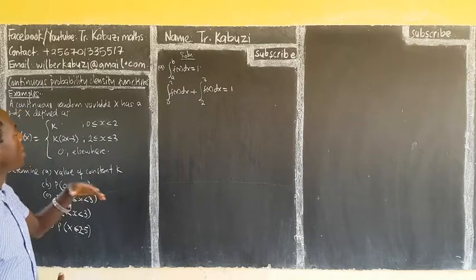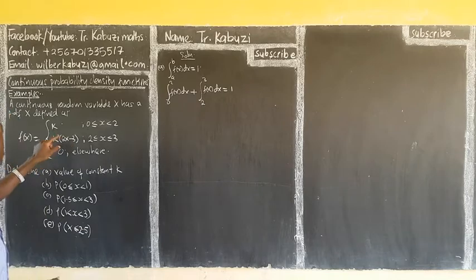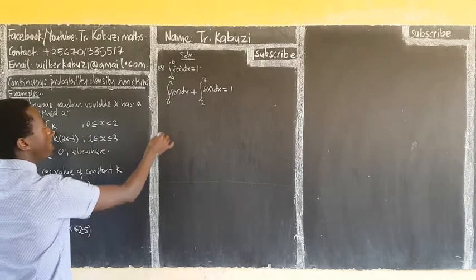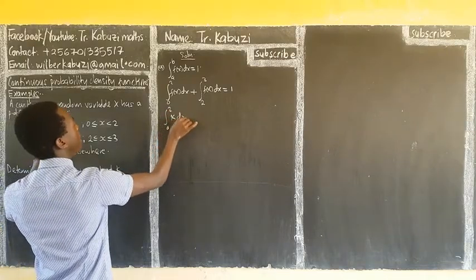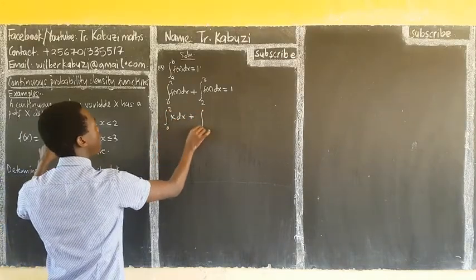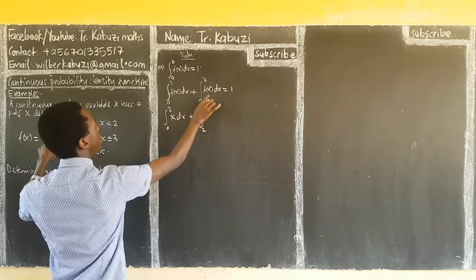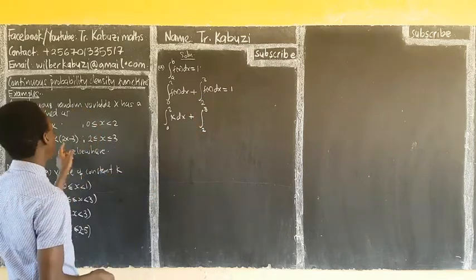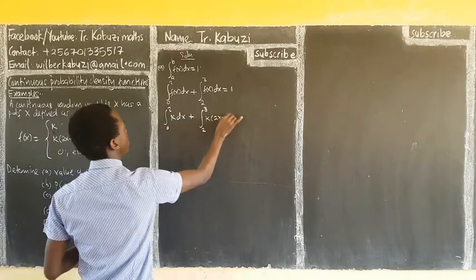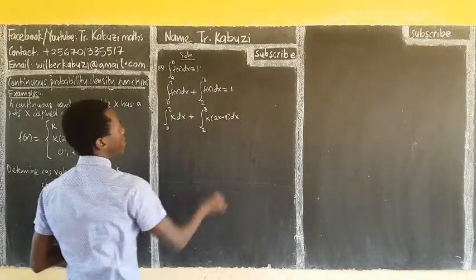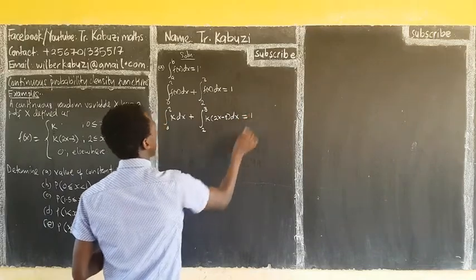Now the PDF from 0 to 2 is k, so from 0 to 2 I have k dx, then plus from 2 to 3, the PDF is k of 2x minus 3 dx. When I sum all that, I should get a 1.